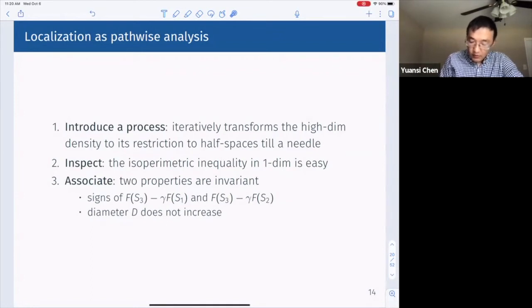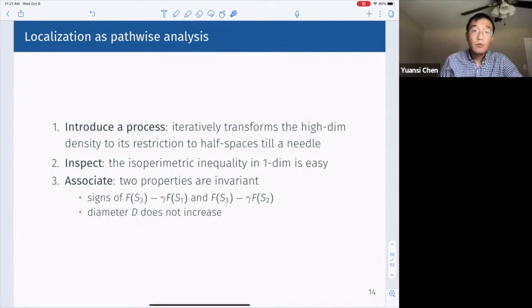Some things are invariant when you do this process. For example, in this example, the sign of the volume of set S3 minus some constant times the volume of S1 is going to be constant along that process. Also, the diameter does not increase.